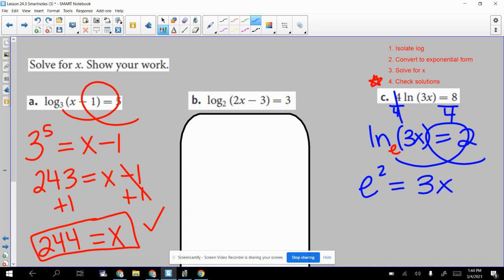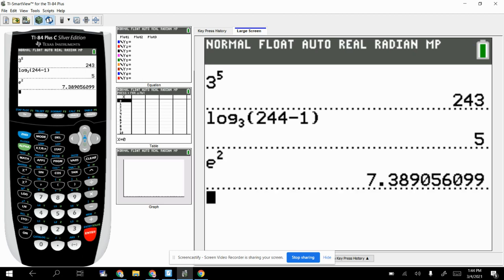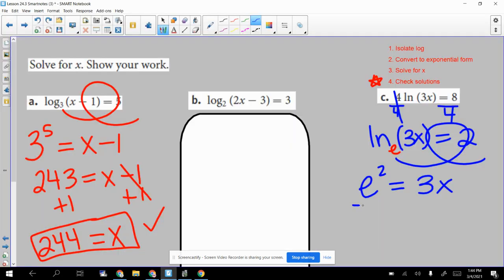So again, I can do this in my calculator. E squared would be 2nd, and then press this ln button. So you get your e squared, enter. And that's going to be 7.389. And then set it equal to 3x. And now we need to solve for x, so we need to divide by 3.